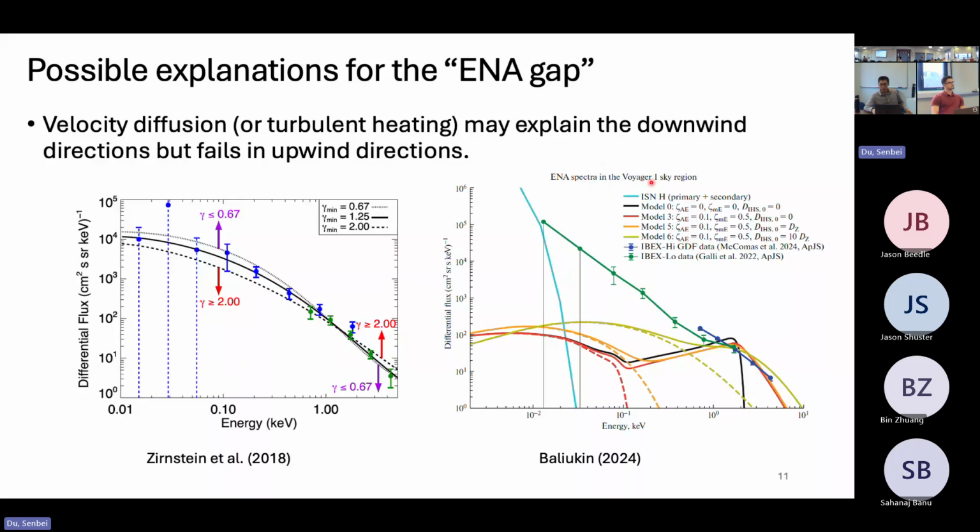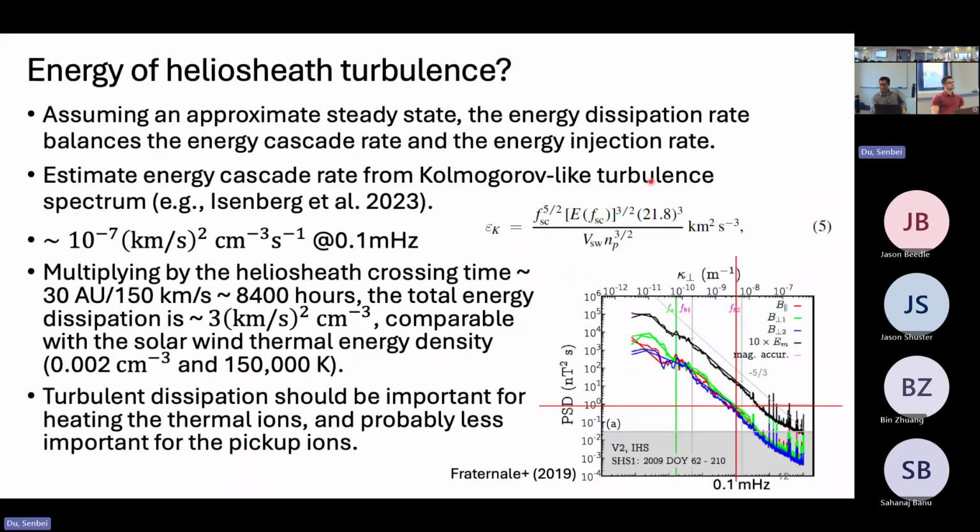And so we try to think about this problem in terms of the energy budget of the turbulence. If we assume a steady state, then the energy dissipation rate roughly balances the cascade rate or the injection rate. Then we use Kolmogorov theory for turbulence and the spectrum observed by Voyager, and we can estimate the energy cascade rate.